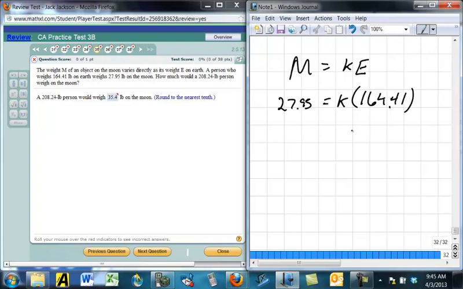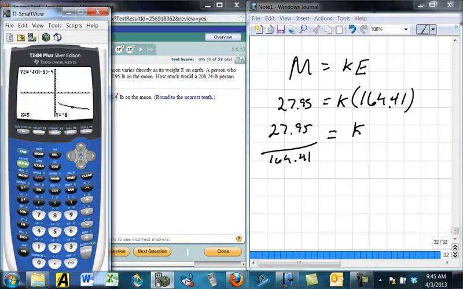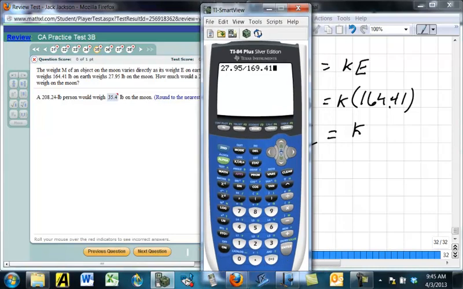These are both pounds, so the pounds cancel out. So k is 27.95 over 164.41. Alright, let's just get a number for that on a calculator, and I'm going to store it as k. So 27.95 divided by 164.41.